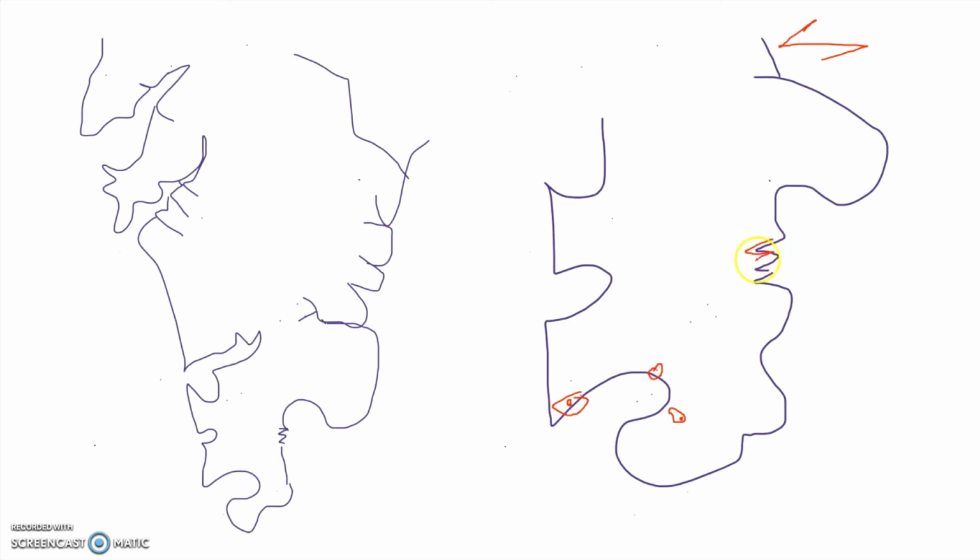See, near these zigzag lines you have drawn Byculla station. So here you will locate Jijamata Udyan.